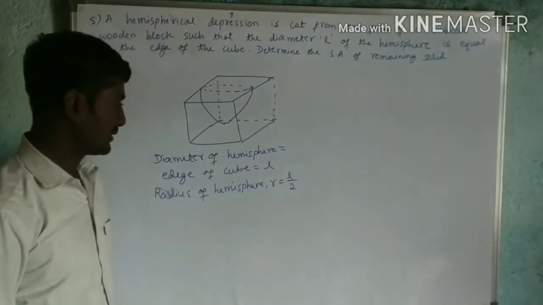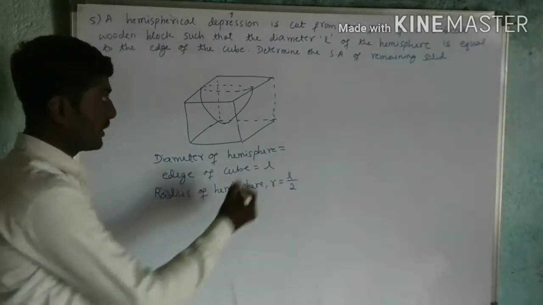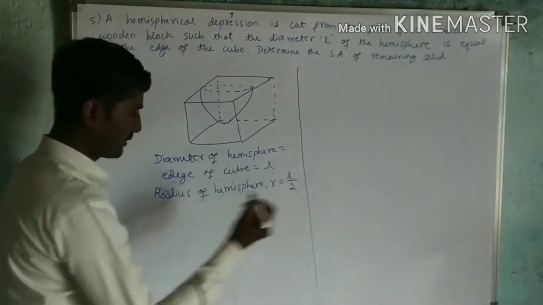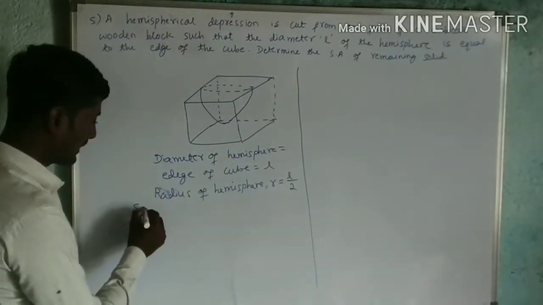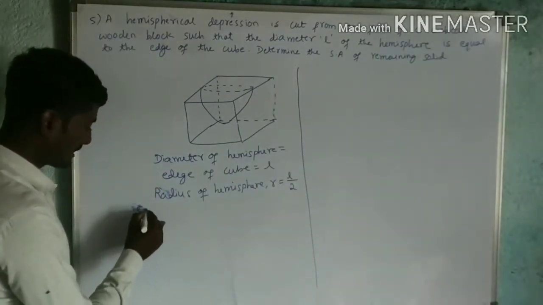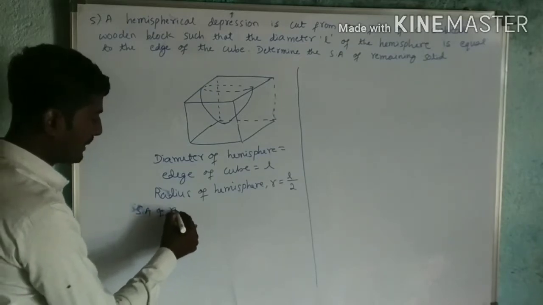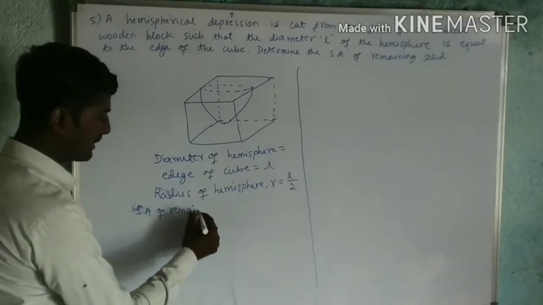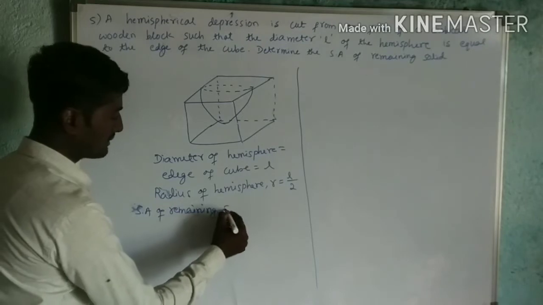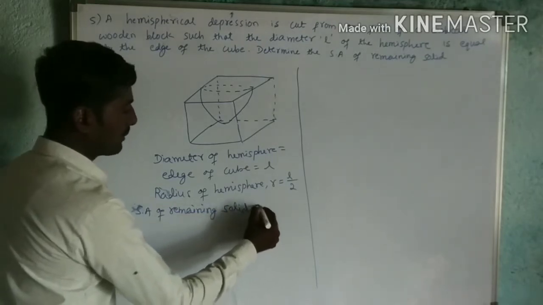Okay. So next, we have to find the surface area. So let us write the formula here. Surface area of the remaining solid. This is very important.